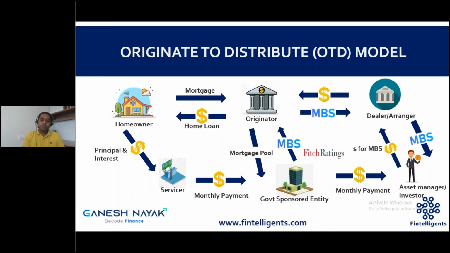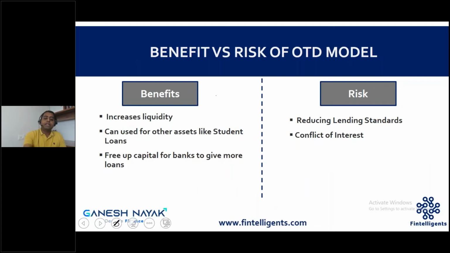Now what is the benefit of this entire process, and what is the problem with it? What is the benefit? It increases liquidity. Since the originator is going to have a huge amount of money available again because of this process, the liquidity in the market increases. More and more people will be able to get home loans.